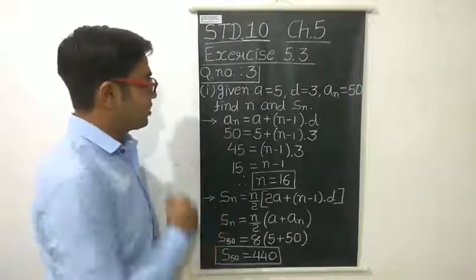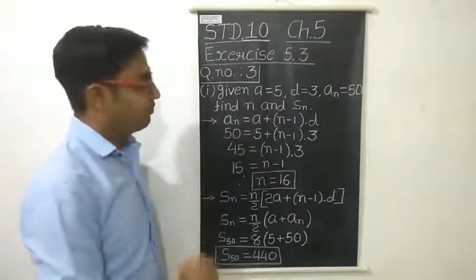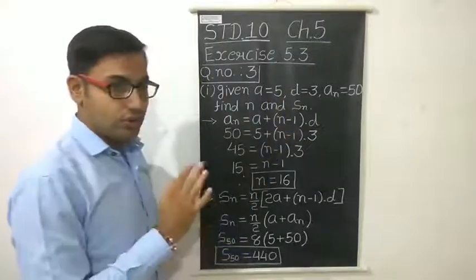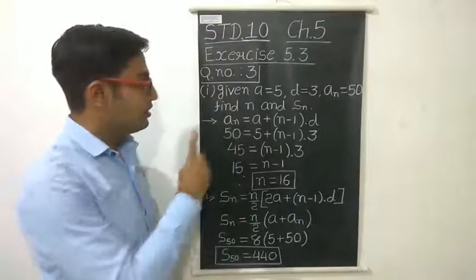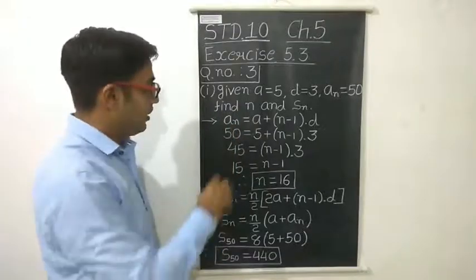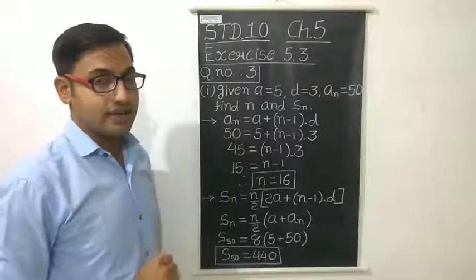So in the first question we have given that a is equal to 5, d is equal to 3, an is equal to 50. These three things we have given. We have to find the value of n and Sn.